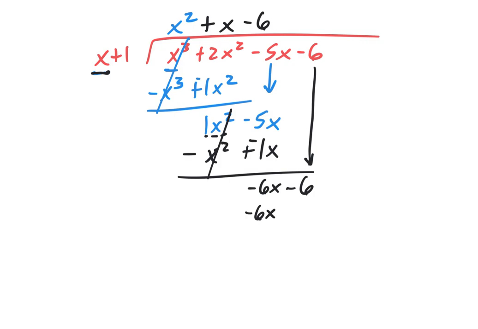And that's negative 6x minus 6. Now watch what happens. When I change my signs, positive, positive, the x's not only disappear, but so do the 6's. Okay? So we're left with a remainder of 0.